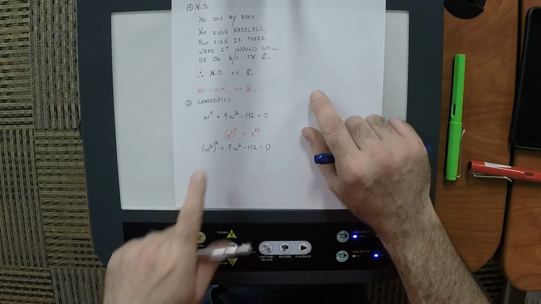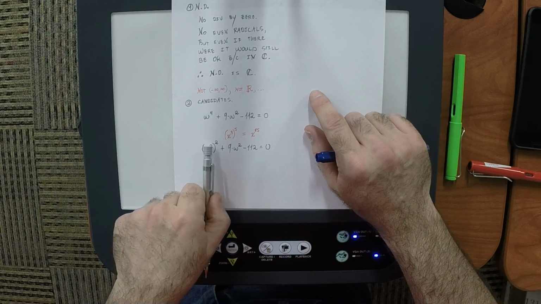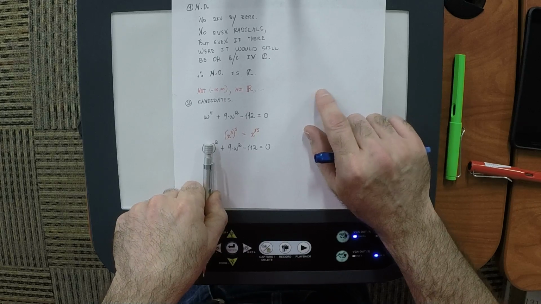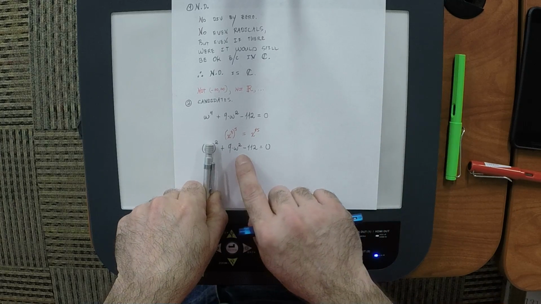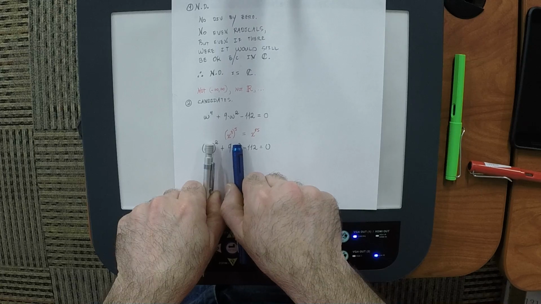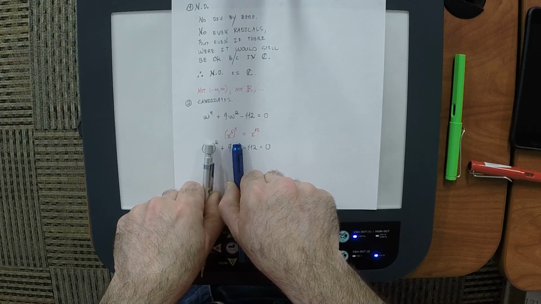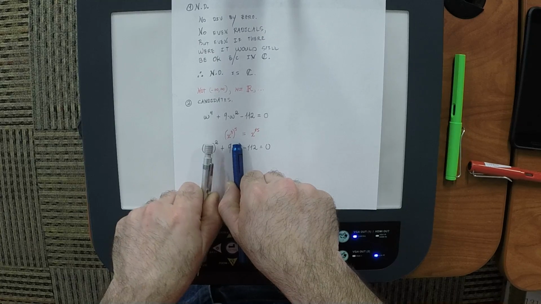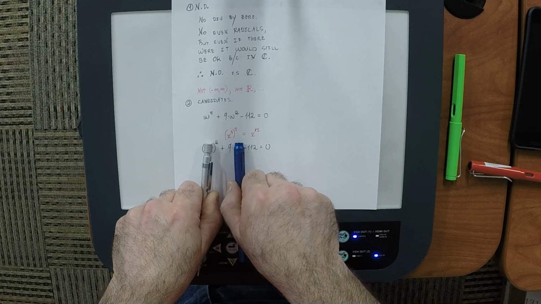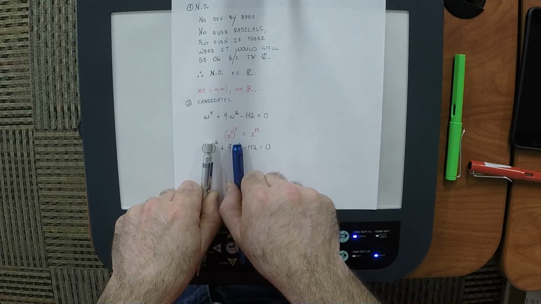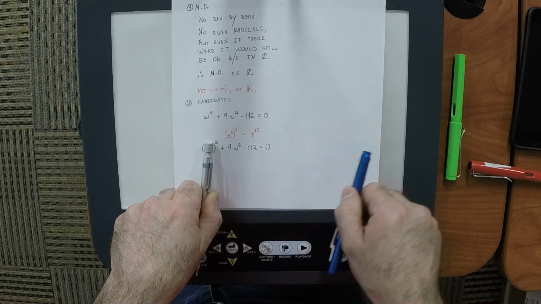So it occurs right there where it's being squared. So suppose I cover that up for a minute. And it also occurs right there where it's being multiplied by 9. So what I want you to see is that I'm covering up w squared. So it is like something squared plus 9 times the same something minus 112 equals 0.